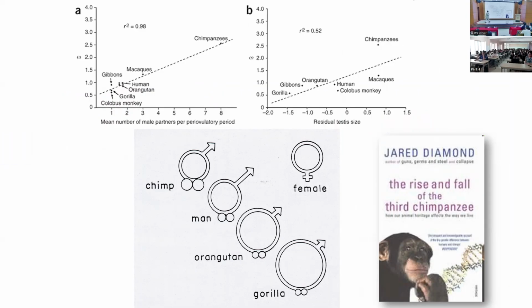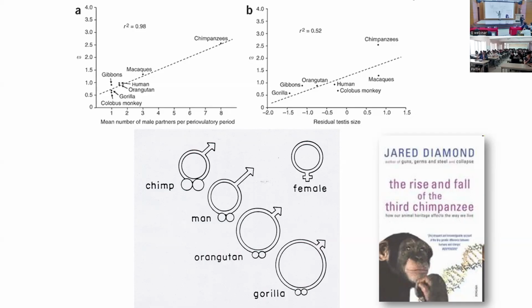This is another very interesting book. The name is The Rise and the Fall of the Third Chimpanzee. Who is the third chimpanzee? We are the third chimpanzee. So let's see the ratio between the testes and the body.